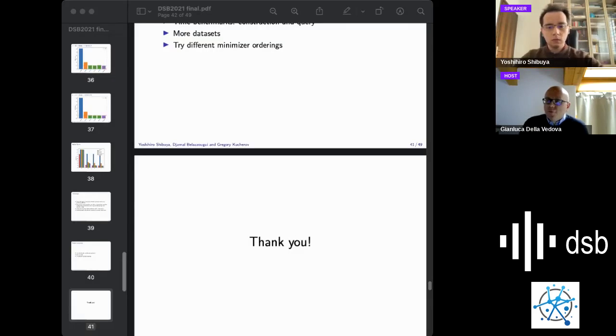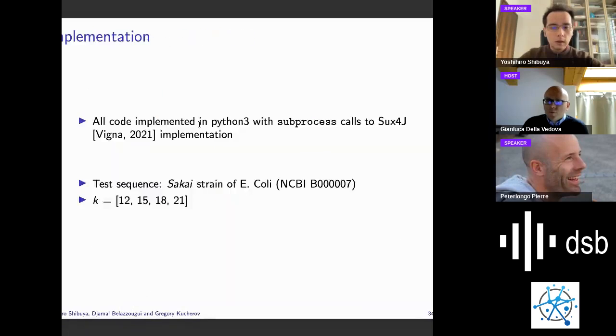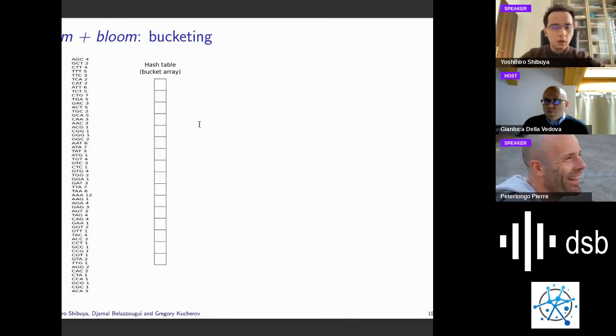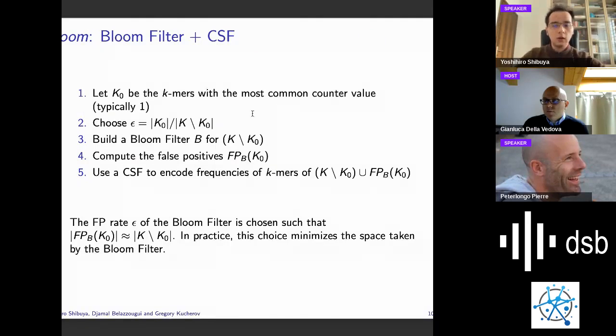Do you have some false positive rate? Some false positive rate for the Bloom filter, you mean? I assume so. Yes, the false positive rate is computed. The Bloom filter is dimensioned by taking epsilon so that we want a number of false positives almost equal to the light items.